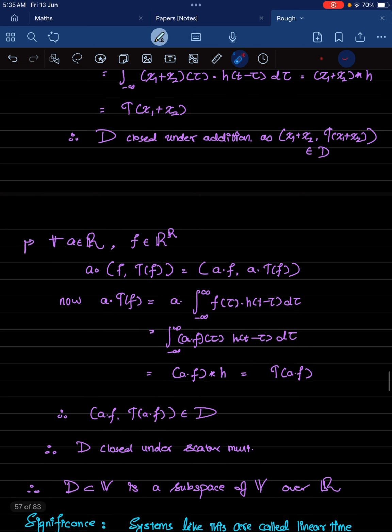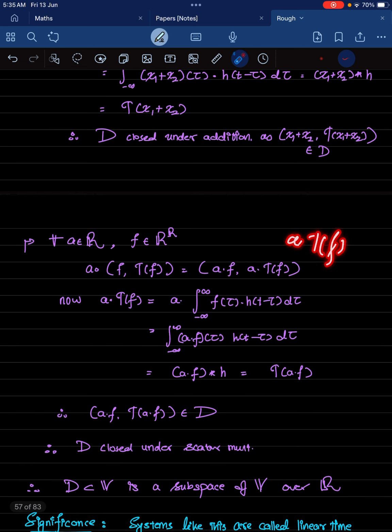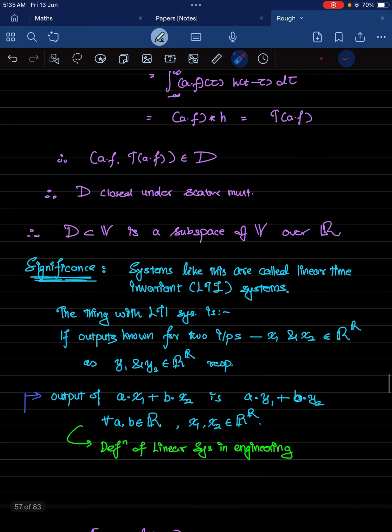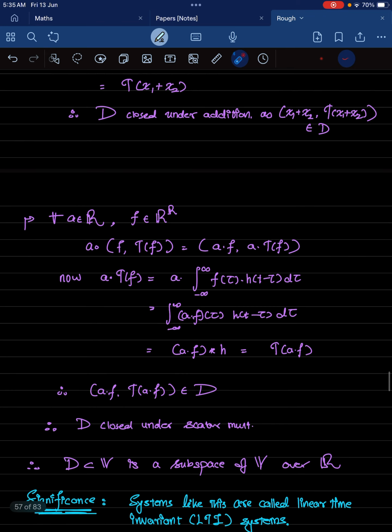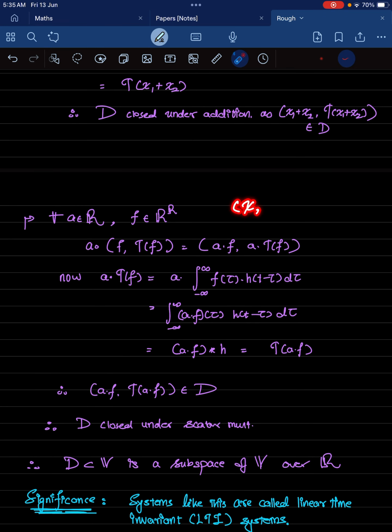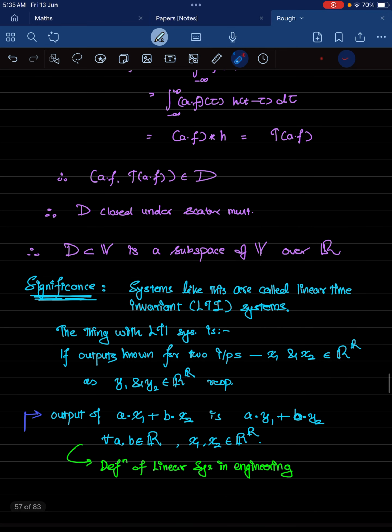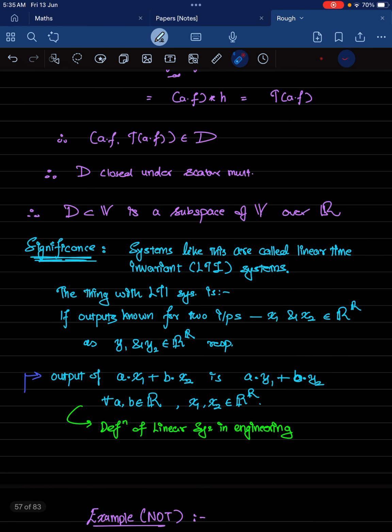We already know it's a times T of f, and T of f we already know. That's what this is. So the whole exercise of proving that the function pair x and T of x is a vector space, where T is the convolution operation, the whole point was to put forth the significance of linear time invariant systems and linear systems in general.